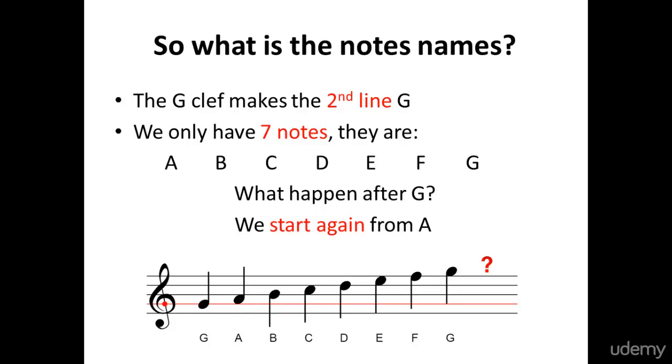So what is the note name? The G clef makes the second line G. Okay, and we only have 7 notes. They are A, B, C, D, E, F, and G. What happens after G?